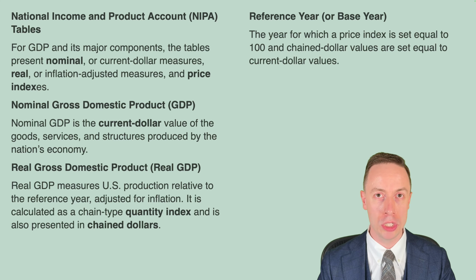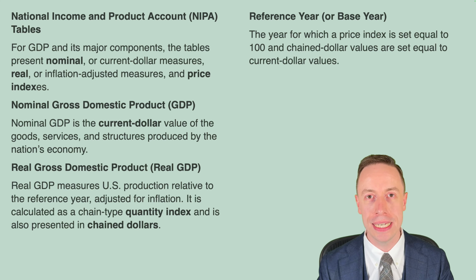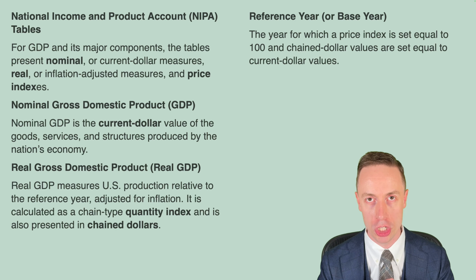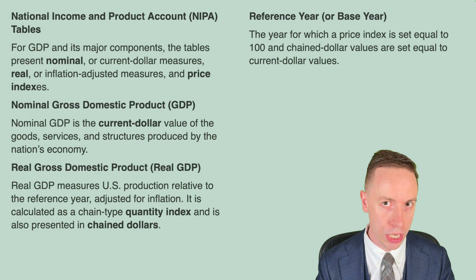These measures come in two types. Sometimes it's a quantity index, where we are setting our reference year equal to the number 100, and then we're saying relative to that number, how much did production increase or maybe even decrease.